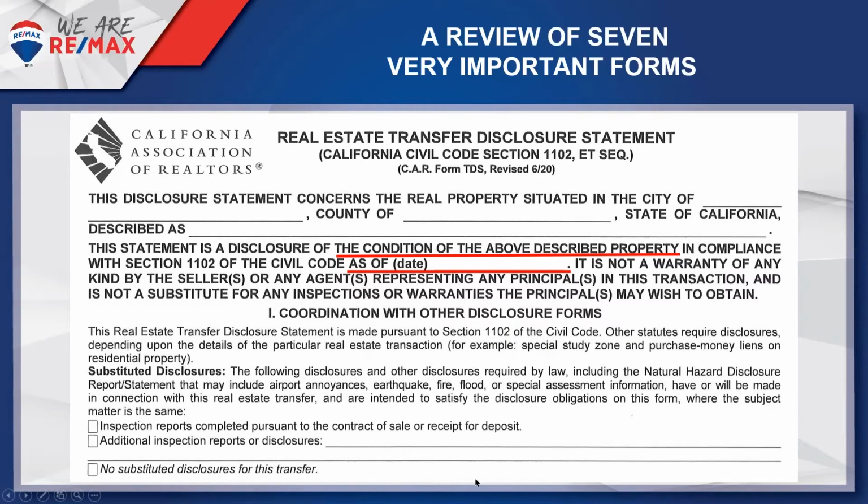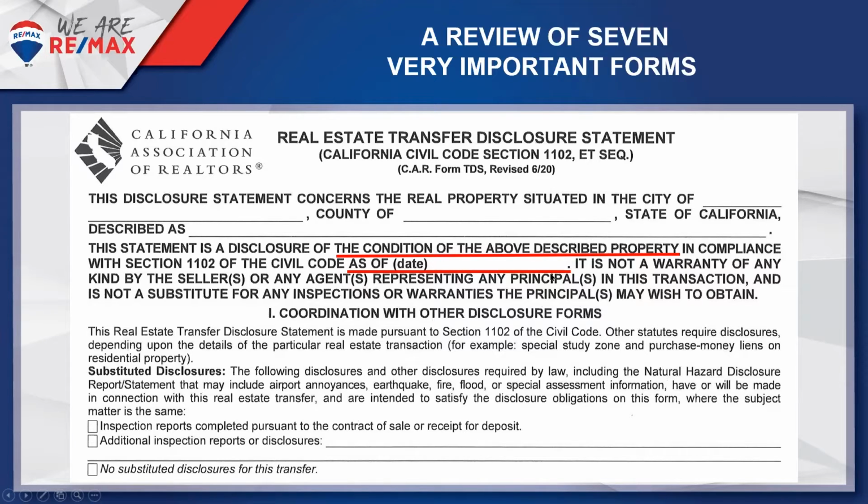Now, why is that critical? Well, it's critical because the buyer removes all their contingencies and then they change their mind and they want to get out of the transaction and they want their deposit back. A sharp agent, I'm not saying I'm sharp, but I've used this: Hey, Mr. Seller, Mr. Listing Agent, you did not deliver the TDS to us because you didn't put a date in here.